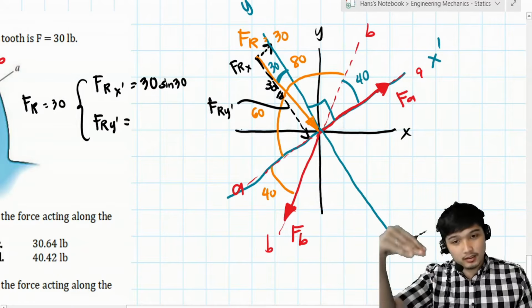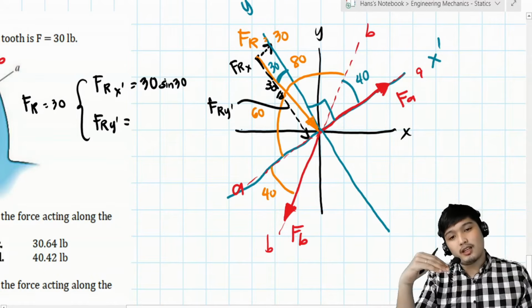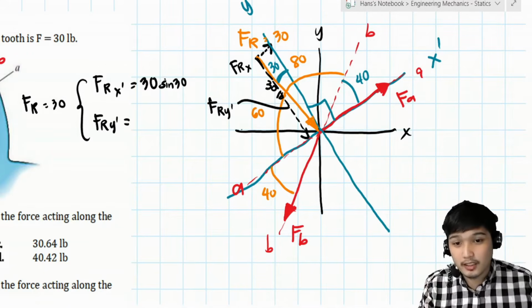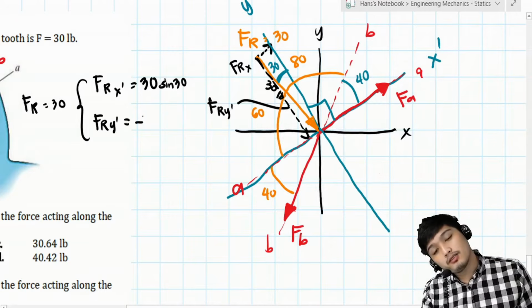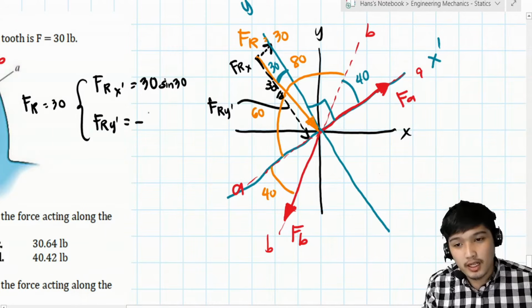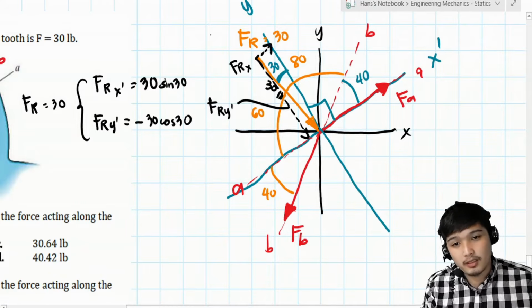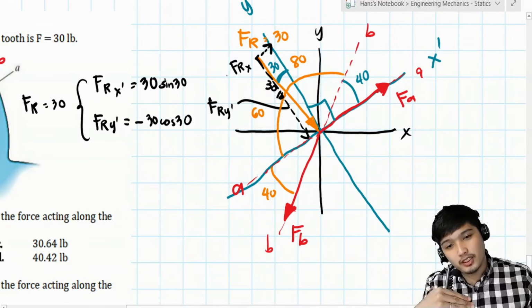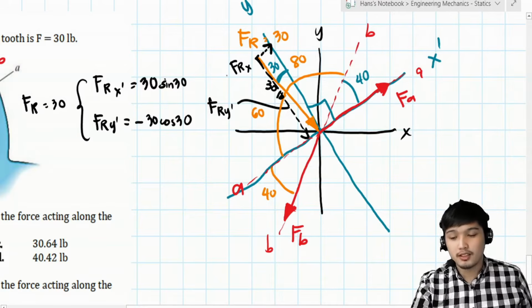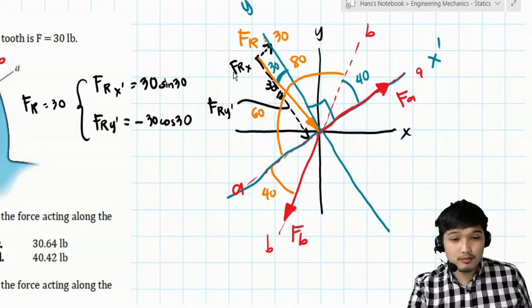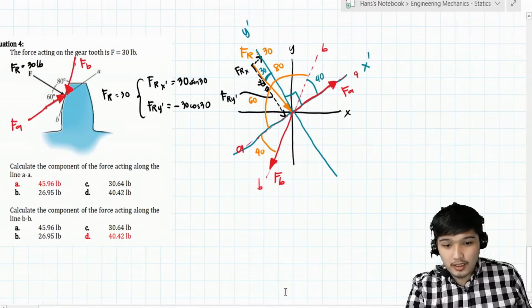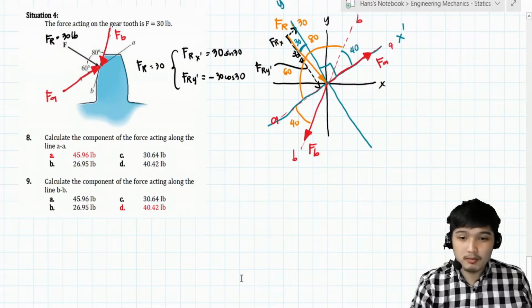From the figure, it is pointing downward along the y prime axis, so that is negative. Using the triangle, it is 30 cosine of 30. Focus on this triangle, class. So that is 30 cosine of 30 degrees. Okay? This is the somewhat difficult part of the problem, but that's okay. So we now have the components, and we can solve.